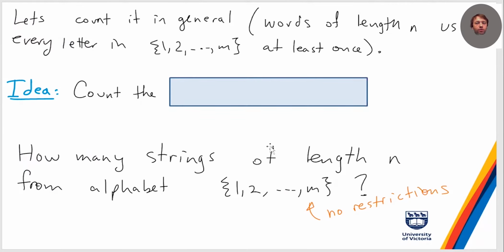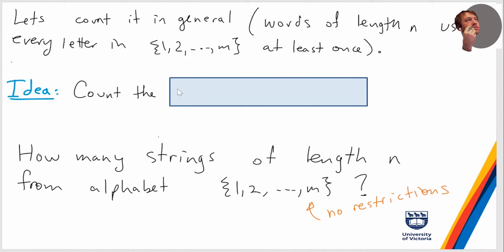Okay, so here's what I want to do. Again, what we're trying to do is count words of length n that use every letter from 1 up to m at least once. Anyone have an idea about what you would want to do? I've got 2 words written here, but for some reason this is like my permutations.